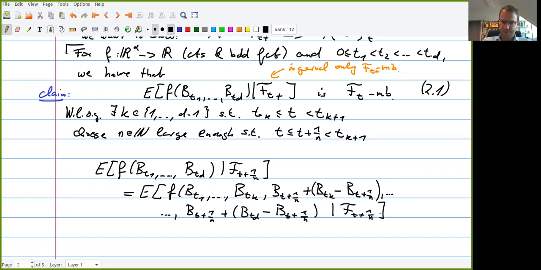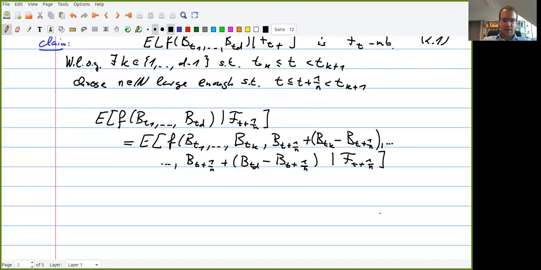And now I can factorize this out. So I can integrate over the last d minus k components. What I get here is f evaluated at the Brownian motion up to the Brownian motion at time t_k.